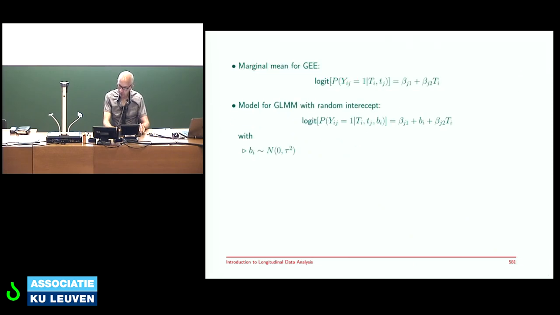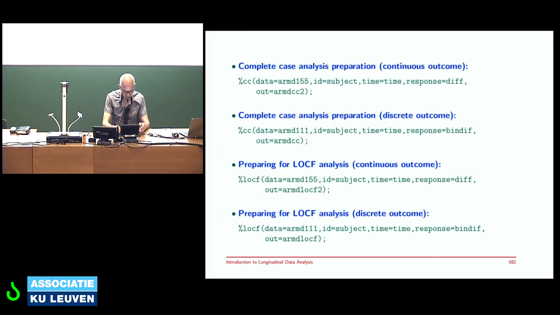Okay, what we're going to do is look at a marginal mean model with generalized estimating equations, and we're going to look at a model using the generalized linear mixed model, indeed, in this case. So, let's do a complete case analysis to begin with.